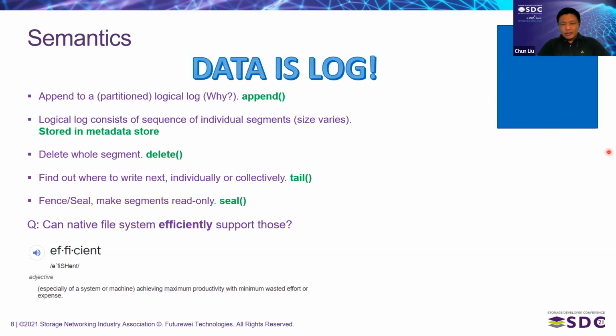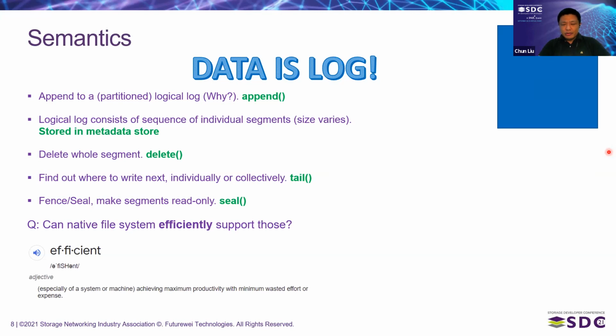In a distributed environment, log is the simplest and the fastest to reach consensus. So that's the consistency. In the case of failure, the log is also the easiest way to recover. So that's the reason that all those systems are using write append semantics.